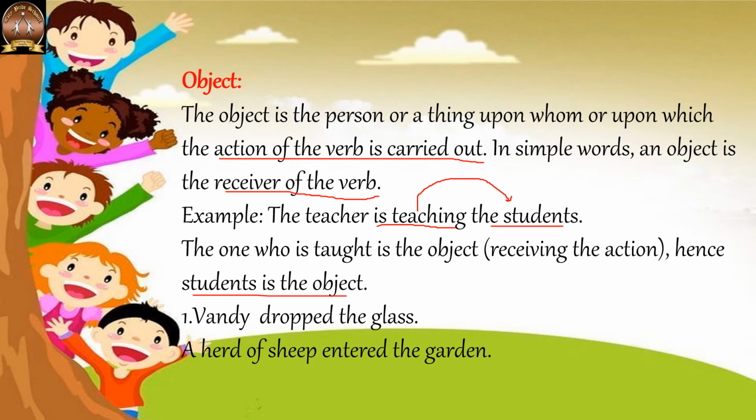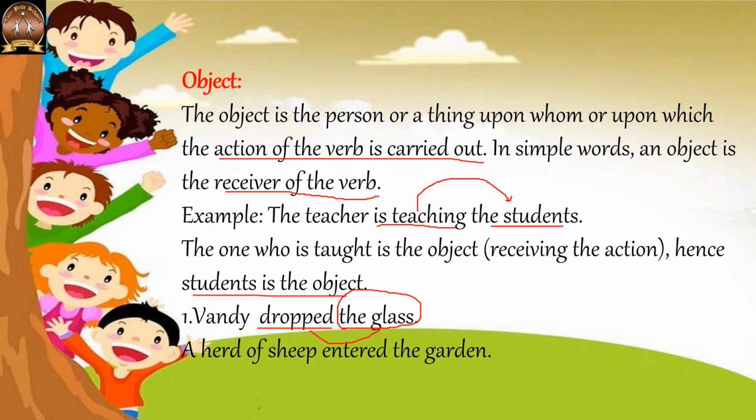Next example, Wendy dropped the glasses. What is the verb here? Dropped. Now dropped what? Dropped the glass. So this glass becomes the object. A herd of sheep entered the garden. Is there any object here?